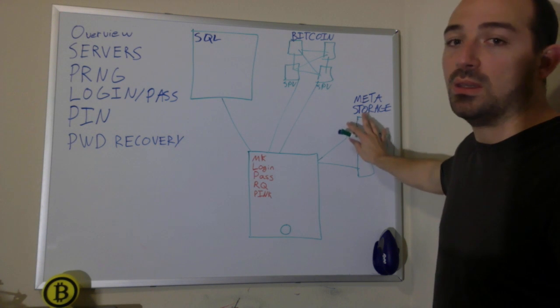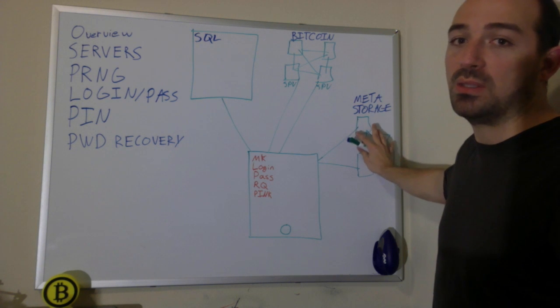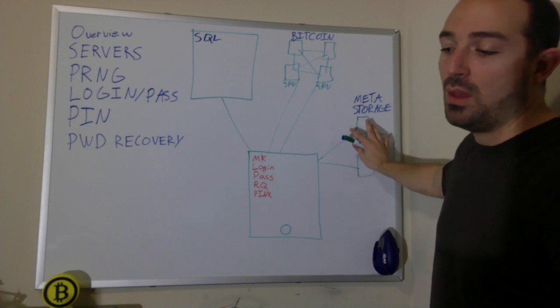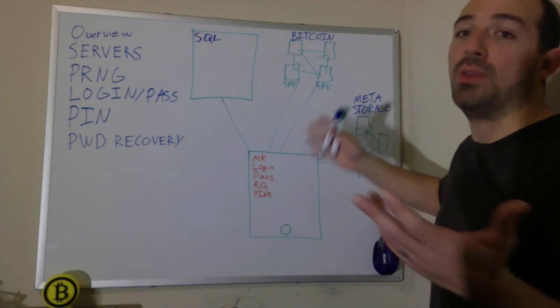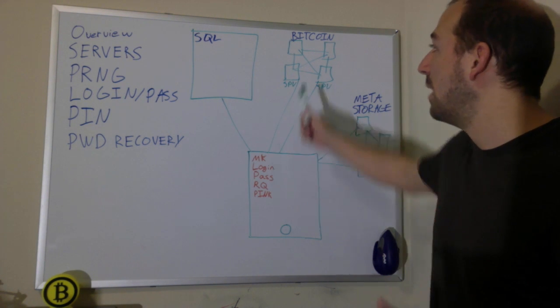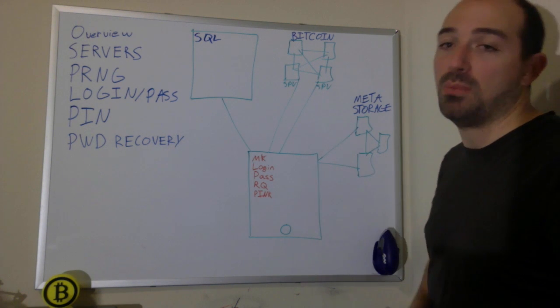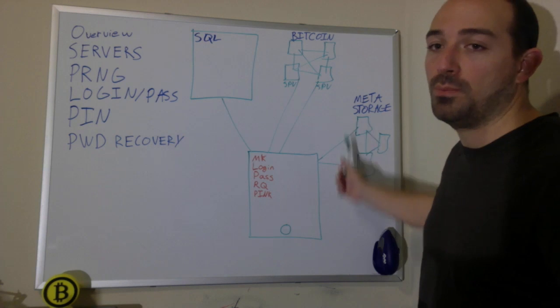So there's no risk in any of this getting lost, or even though AirBitz keeps all this private, even if it was out in the open, there's pretty much zero risk. Just like your Bitcoin public key is out in the open, it's pretty much the same thing with this stuff over here.